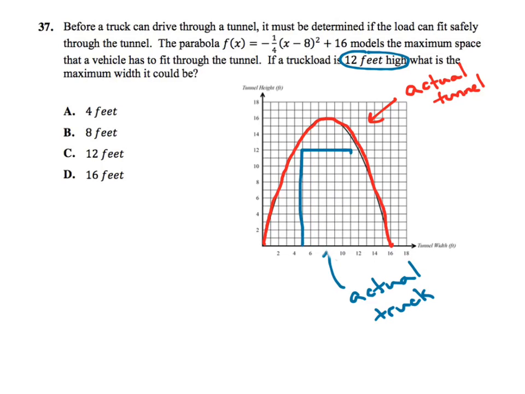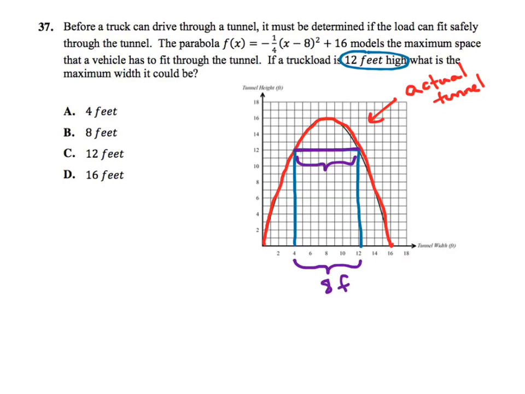We could have that truck 12 feet high. And any larger than that, and it's going to scrape the walls. So how wide is that truck? Yes, they actually mean check the width. That is 8 feet. There's your answer. Yes, it's that literal in this case. I have nothing for you to practice.